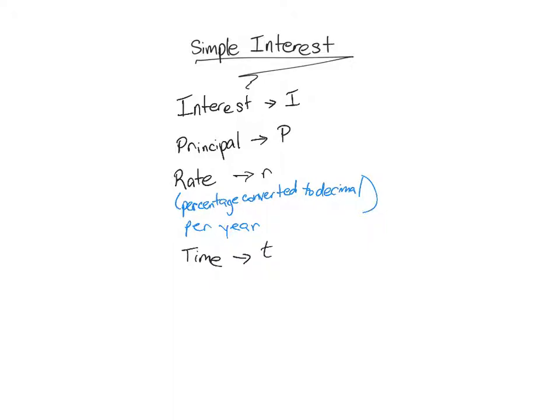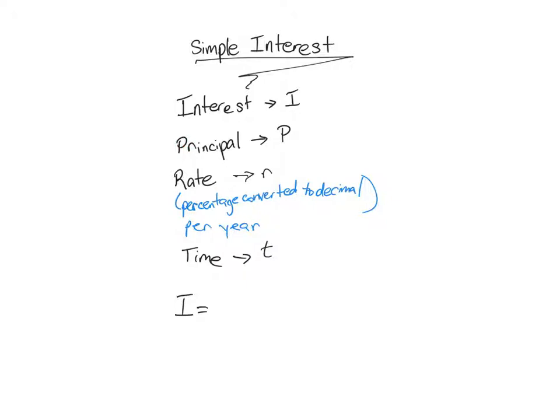Okay, so in order to figure out the interest in an account, you want to figure out what the percentage is of the original amount. So in order to figure out the percent of a number, as you know, you multiply. Let's say this were 10%, and we want to figure out the 10% of the original amount, you'd multiply these two numbers, 10% of the principal, for example.